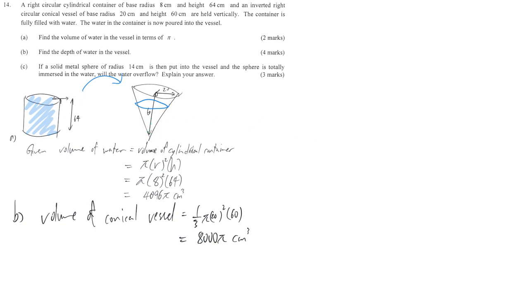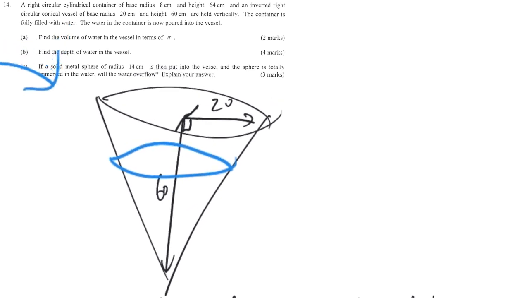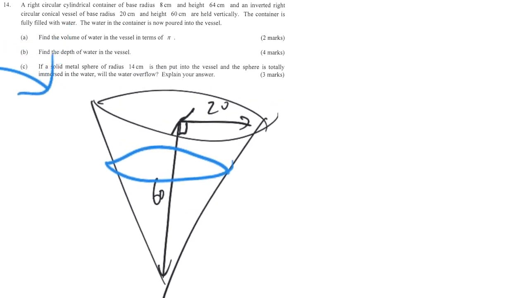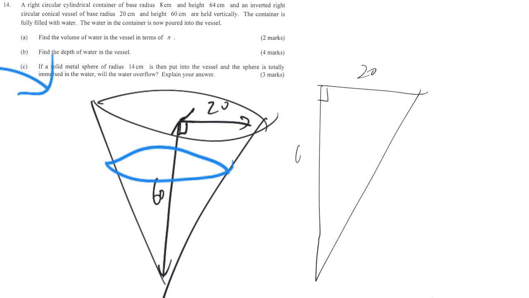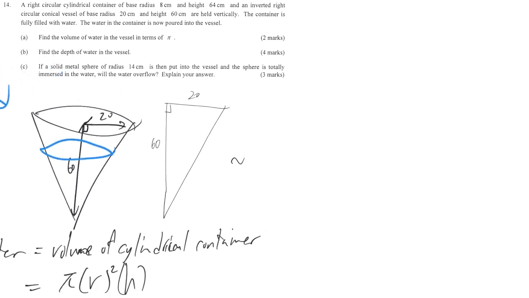After that, we focus on the cross section here. We know the cross section has base 20 and height 60. So if we use a similar method to consider the water cross surface, I want to know the depth, so I let it be h. Even though I can't get the value of h yet, the ratio is 3 to 1.